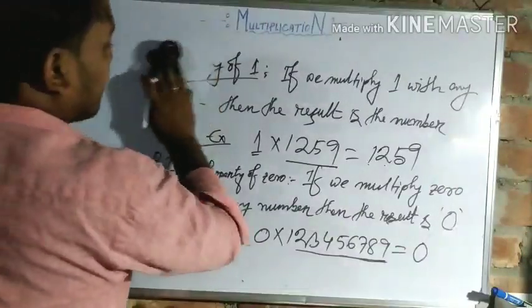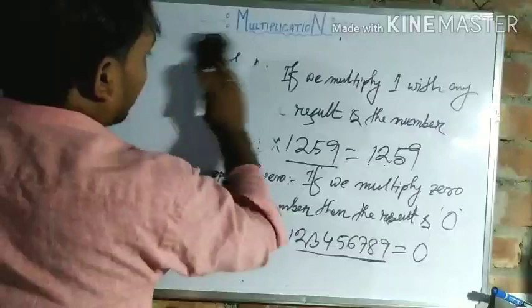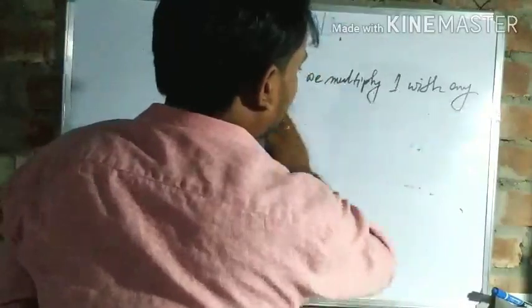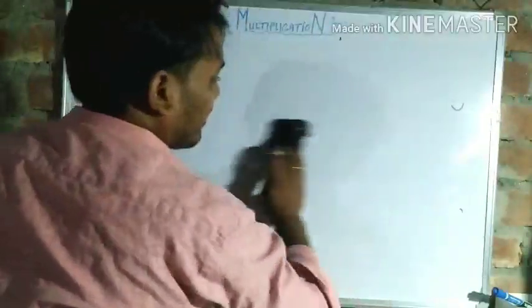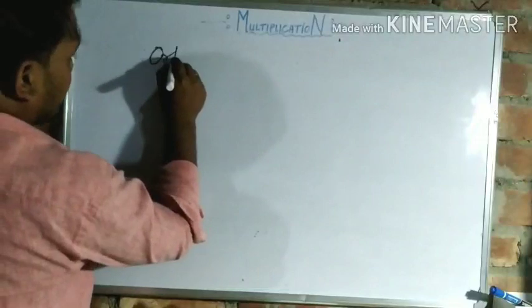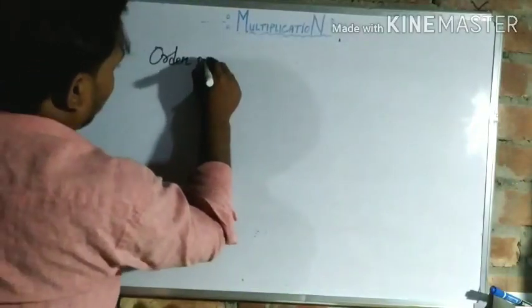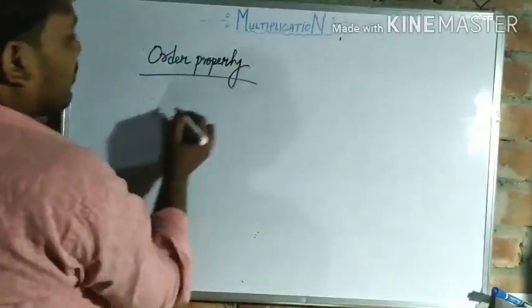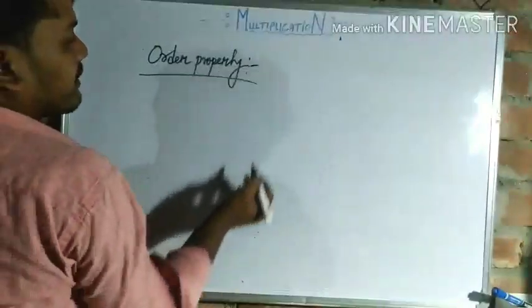And the next property is the order property, or you can say the commutative property, the order property of multiplication.